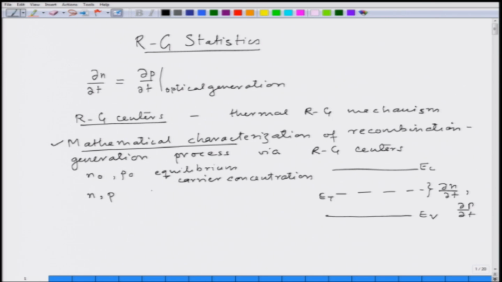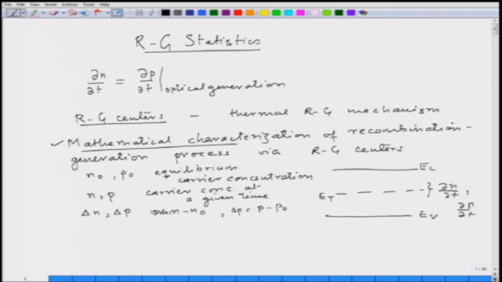So, n and p are the carrier concentrations at a given time, and then we also define the excess carrier concentration, del n and del p, which is nothing but the carrier concentration at a given time minus the equilibrium: del n is n minus n naught, or del p is p minus p naught.